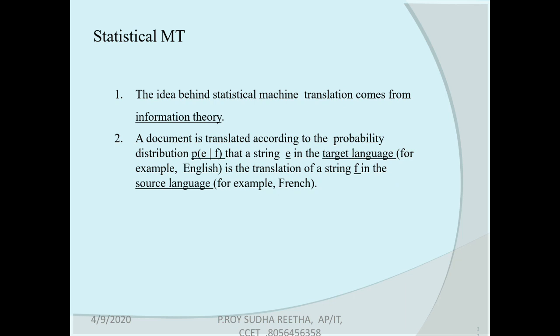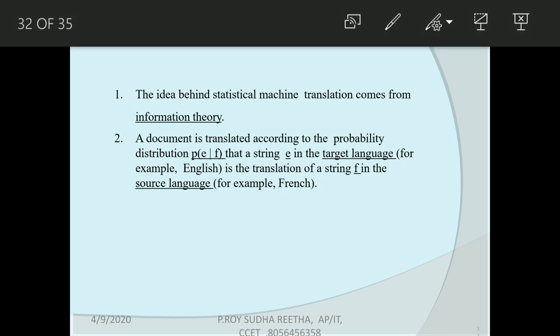And statistical machine translation is a form of machine translation which involves the use of information theory. Here the probability distribution P(E|F) is used, where E is the target language and F is the source language. The target language will be generated from the source language.